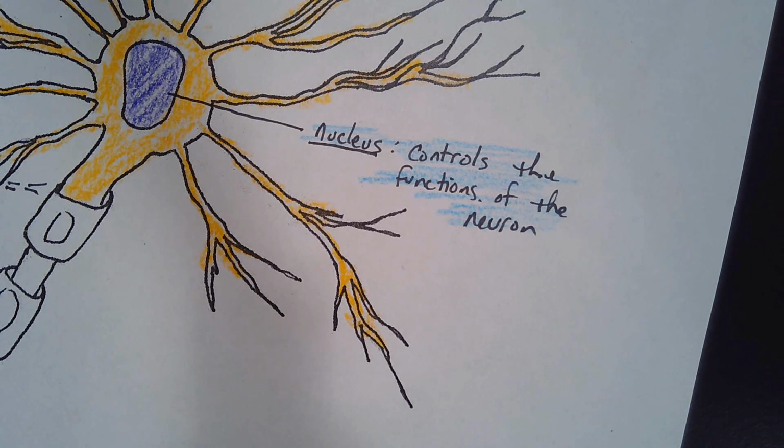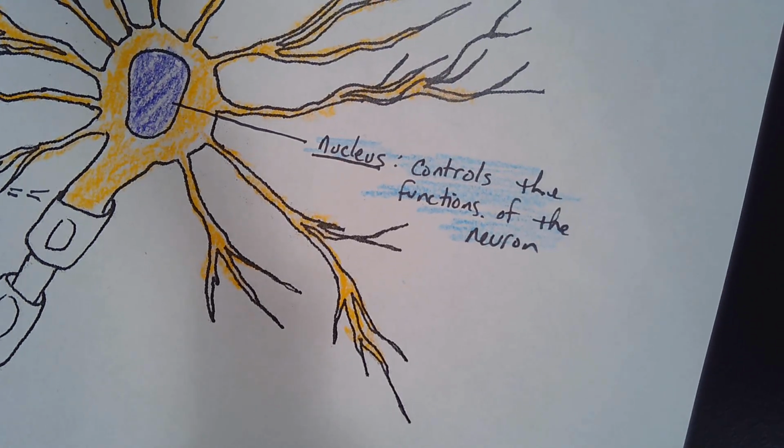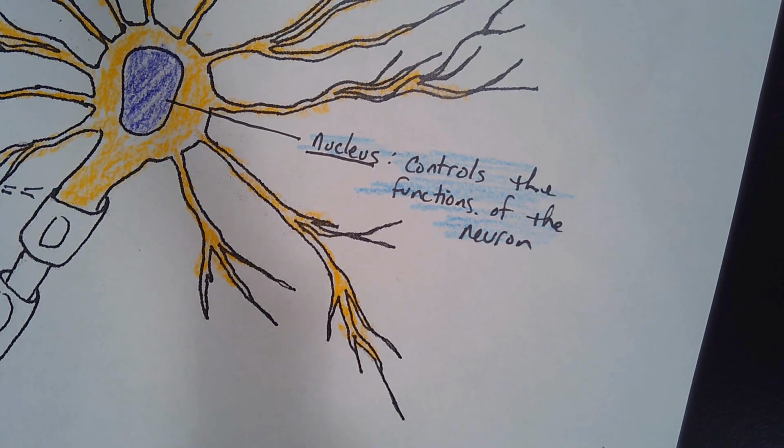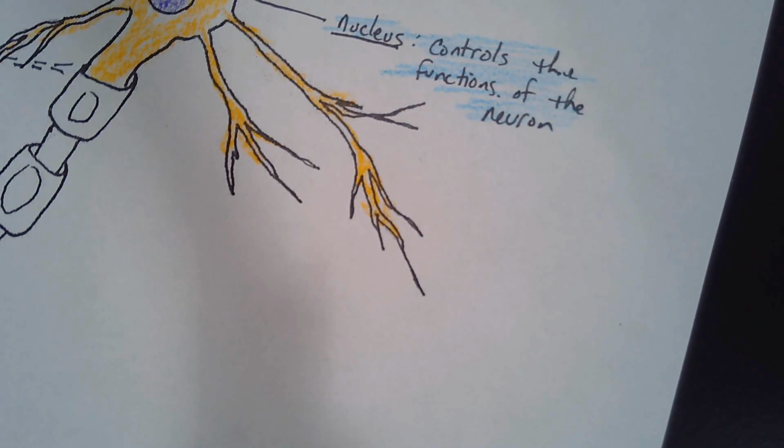Okay, so there are these other types of, I want to call them cells. They have special functions, all right? They're called glial cells. So I'm going to jot this down. I think I'm going to put it right here.